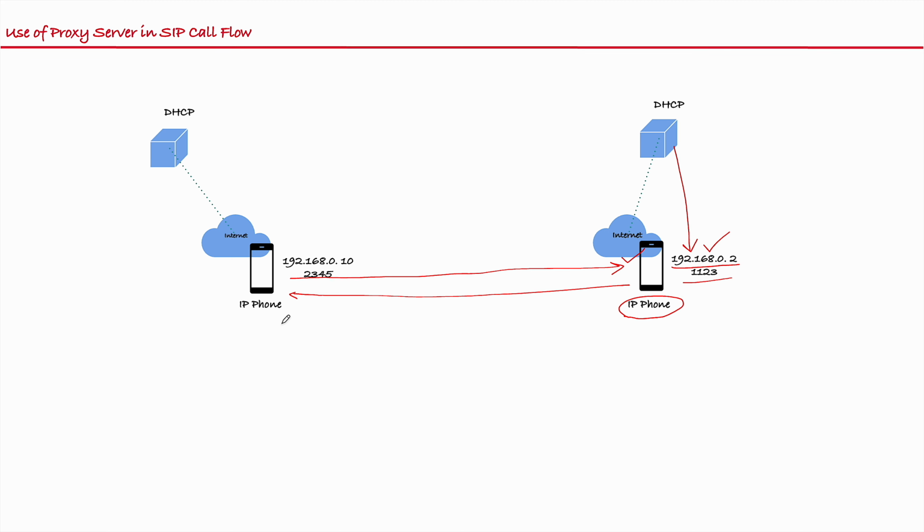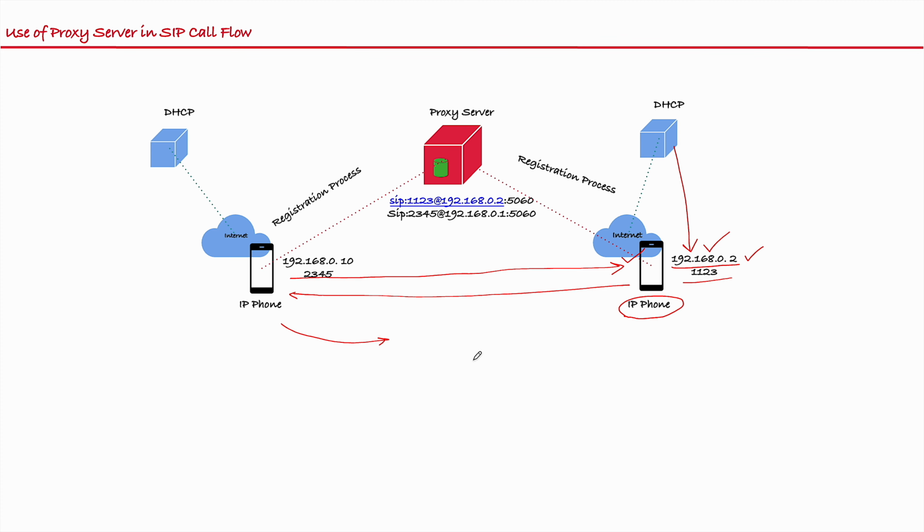So today we can make an end-to-end call with this IP address, tomorrow this IP address might have changed. So when we make a call with its old IP address, the call fails because the IP address has changed. To overcome such a problem, the proxy server comes into the picture.